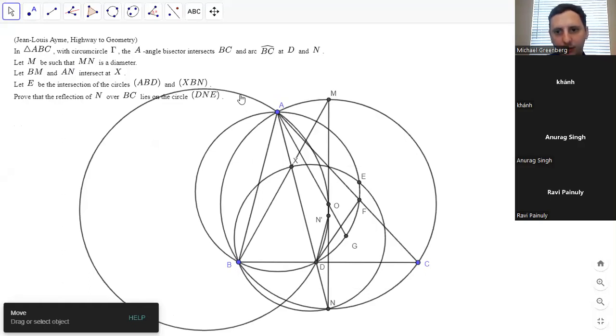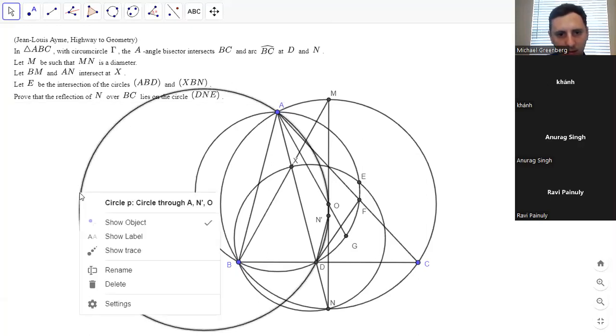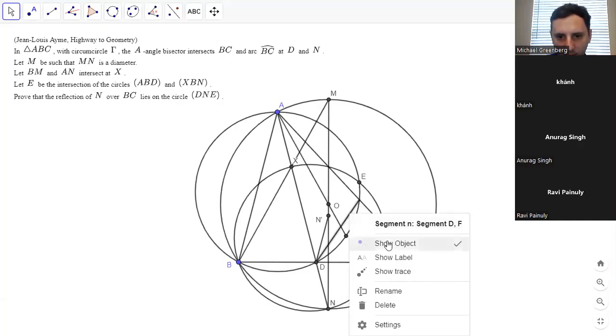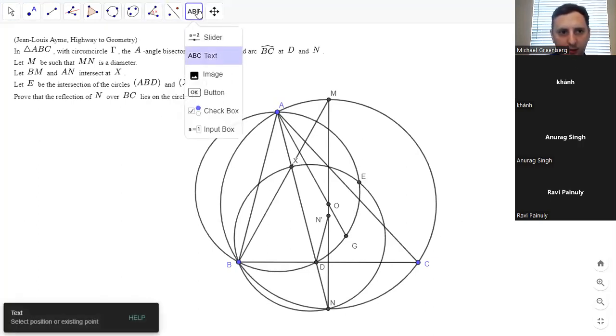Did we even need that this is cyclic right here? I don't know if we needed it. I don't think we needed this point either. Okay, let's see how this works.